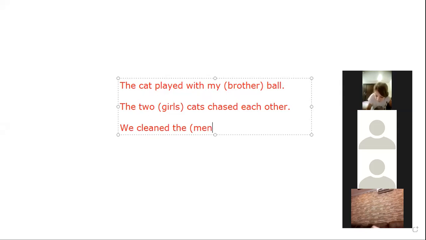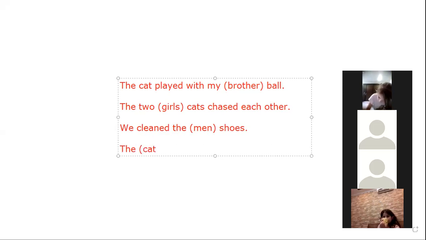We clean, let's say, the man shoes. We're going to change the word man to a possessive noun, okay? But we have to know if we're going to put the apostrophe before the S or after the S. Whiskers are dirty.